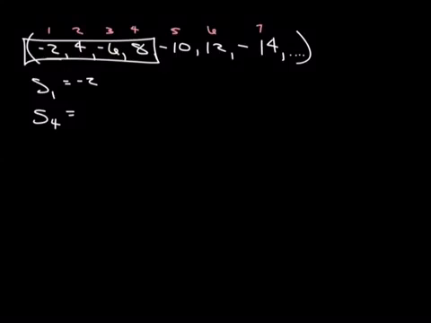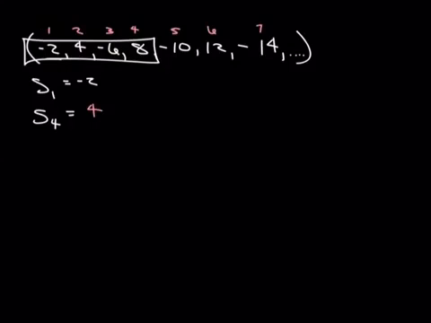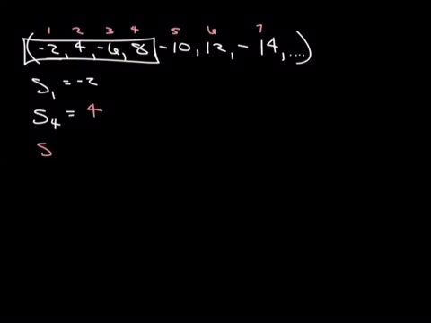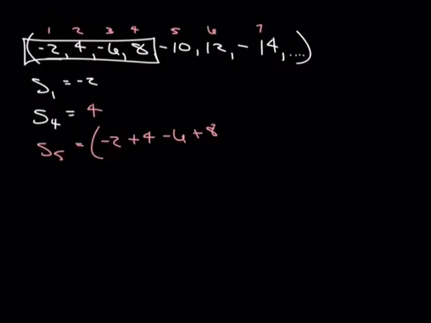Don't forget your negatives and your positives, and you get a 4. -2 plus 4 is 2. Minus 6 is -4. Plus 8 is +4. If I have S5, that's saying, what is -2 plus 4 minus 6 plus 8 minus 10? So it's going to be whatever we got here minus 10.